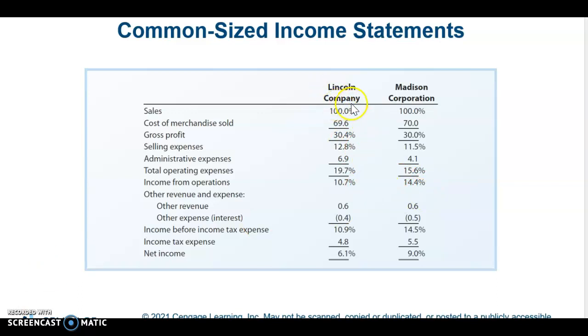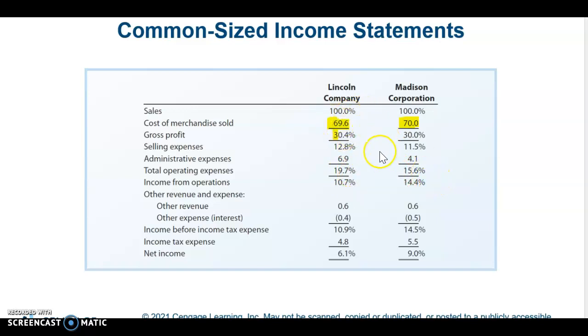So if we compare Lincoln Company and Madison Corporation, doesn't matter their size, we can see that they're both spending about the same percentage in cost of goods sold compared to their revenue. And you can see that they're pretty even on just about everything. There are a few that are a little bit different. Expenses, it looks like Lincoln Company's expenses are a little bit higher as a percentage of sales.